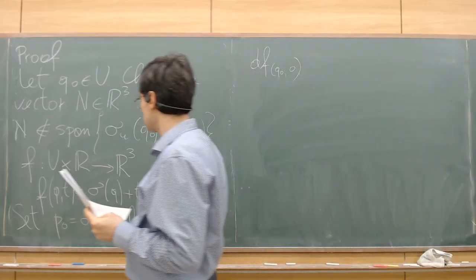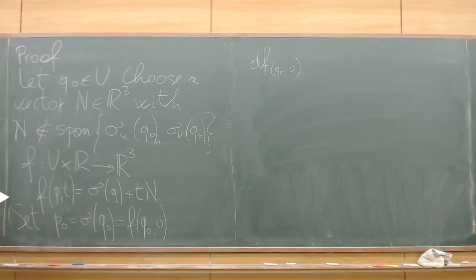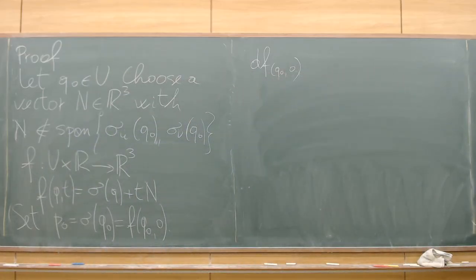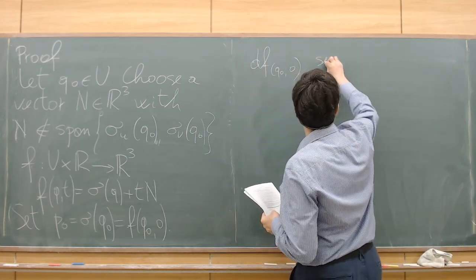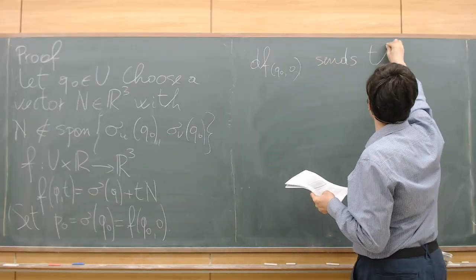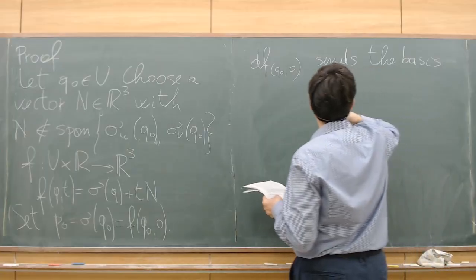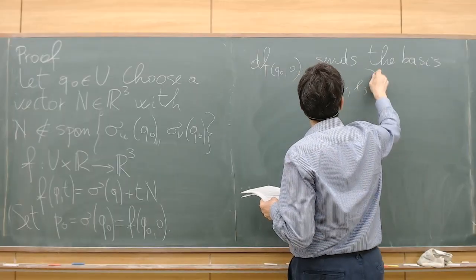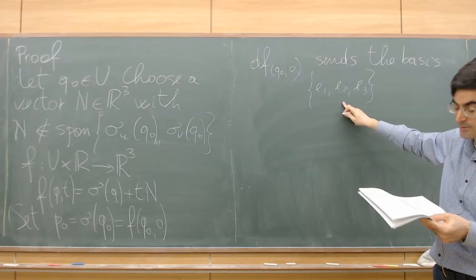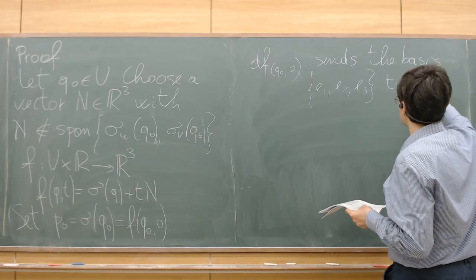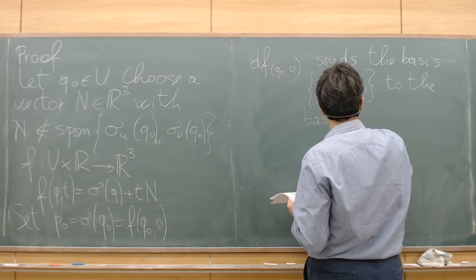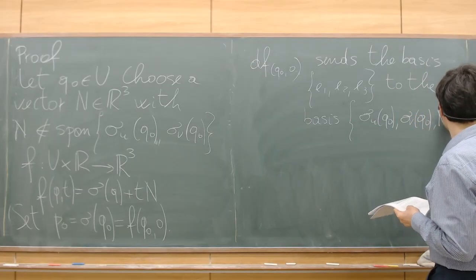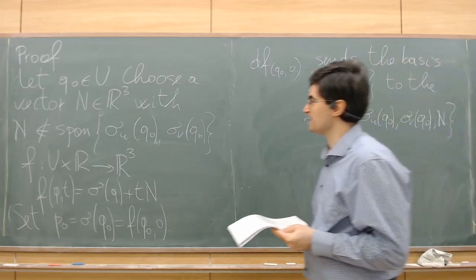The differential of F at Q0, 0 is a map which sends the basis E1, E2, E3, the standard orthonormal basis of R3, to the basis sigma u Q0, sigma v Q0, n, and this is a basis because of this hypothesis.